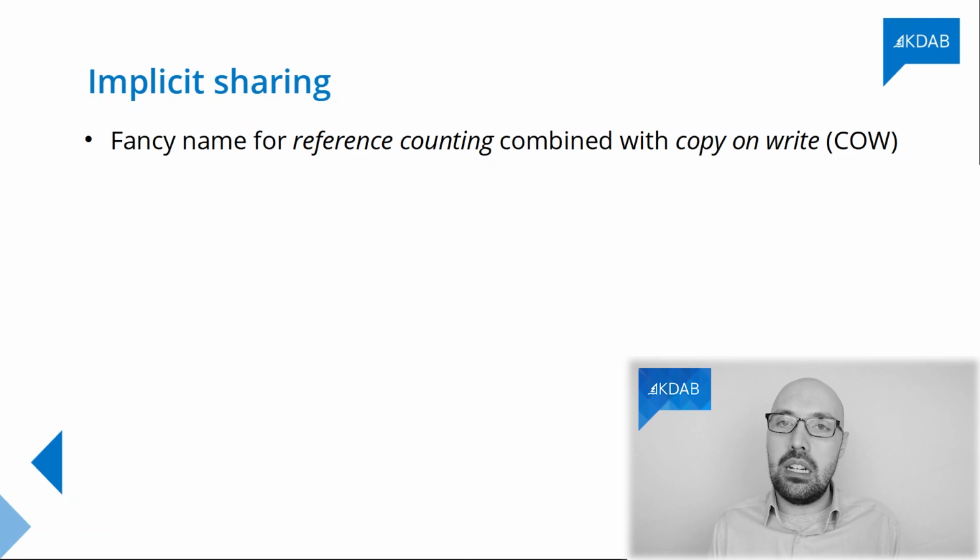Instances of implicitly shared classes simply keep a counter inside of them, and this counter counts how many references are alive at that moment, pointing to that particular instance. So that's what reference counting is in a nutshell.